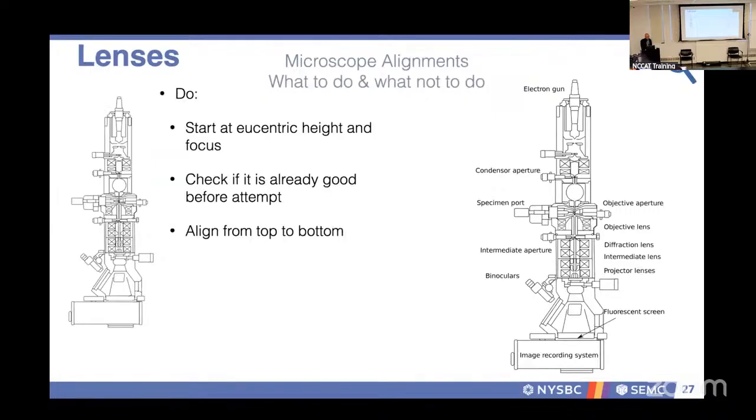I think Michael will go into this a little bit more, and you can see in action how we align the microscopes. But something to note is that the column of the microscope is in segments, with different lens systems. I'm exaggerating, but you might have a segment going down here, another going down here, so your optical axis may not necessarily be continuous straight down.